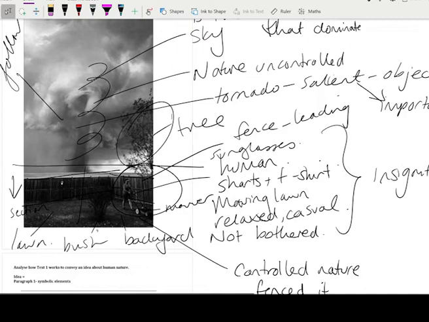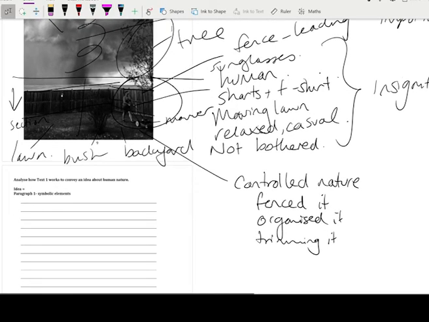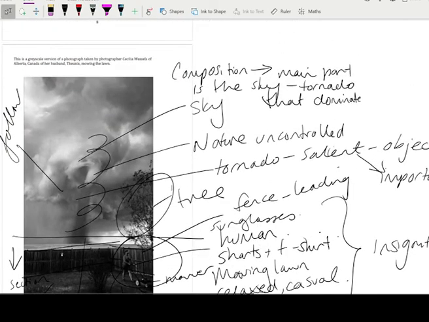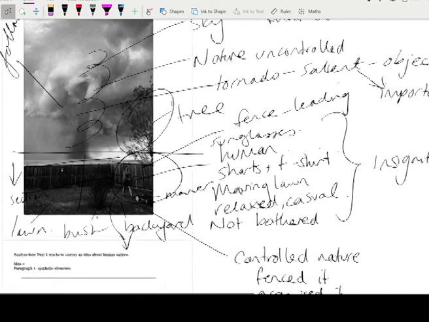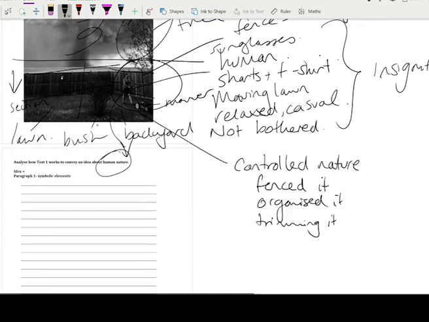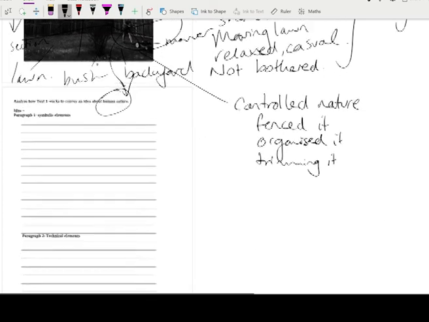So a lot of people got obsessed with that sort of factor, whereas really you need to get more obsessed with what is he doing? He's mowing his lawn when there's a massive tornado behind him. So what does that say about human nature? It's not just what he's doing, but what has he done to the nature in his yard?